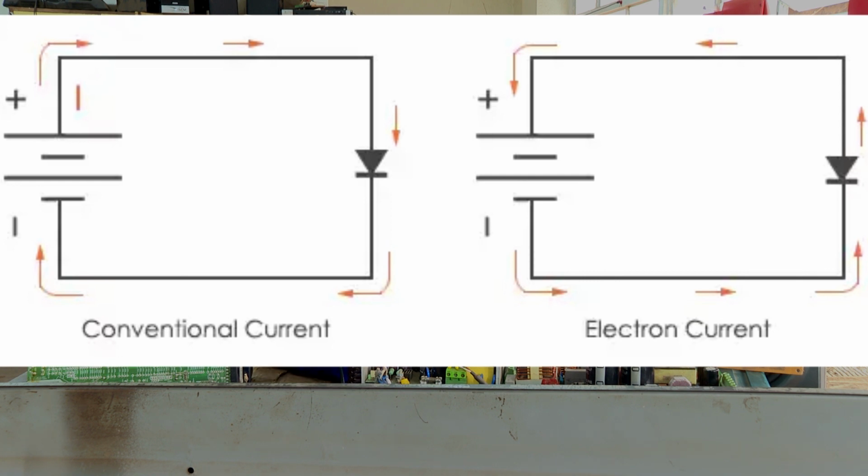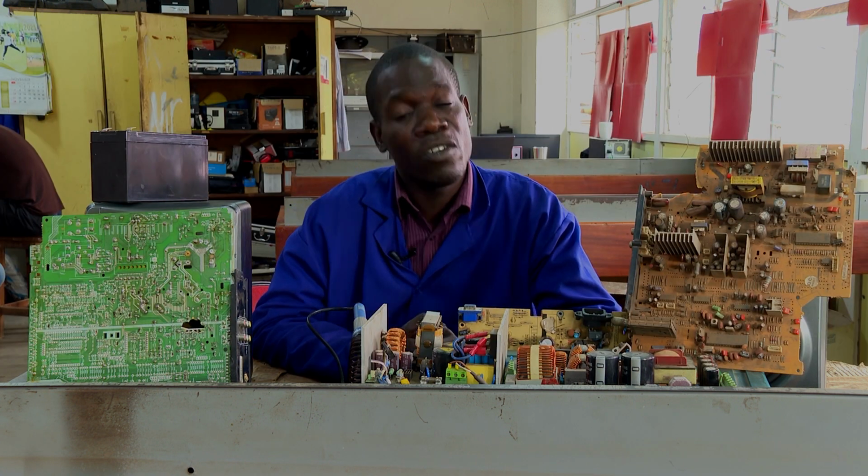So how do electrons flow? Electrons always move from the negative part of a diode, then go to the positive part of a diode. So what you have to understand from a diode very well is that a diode can't be reverse biased, but can only be forward biased.